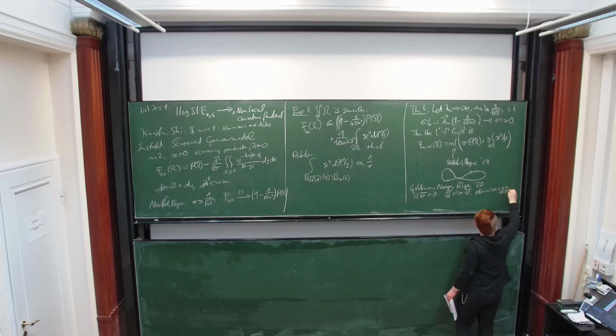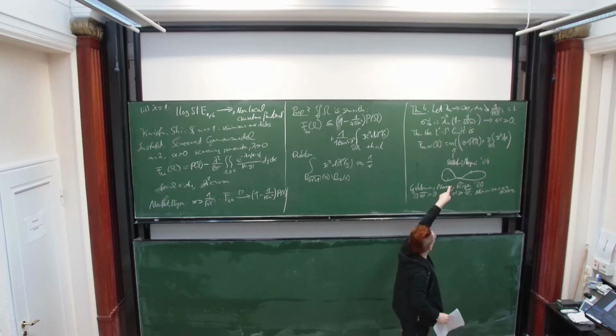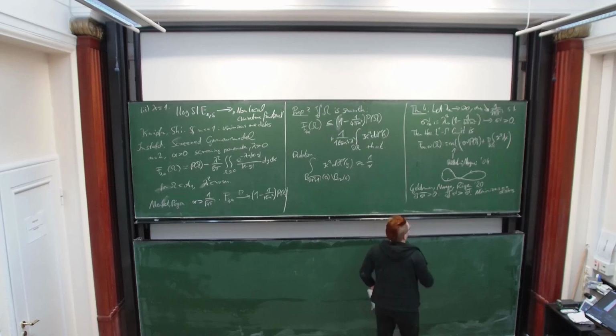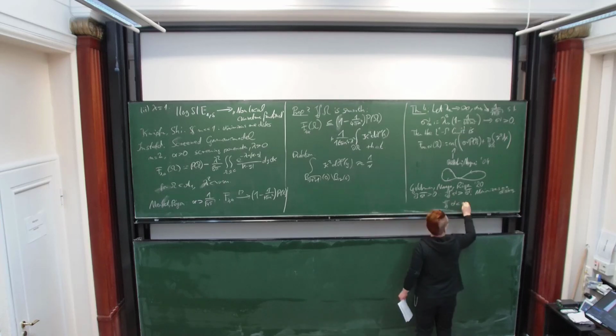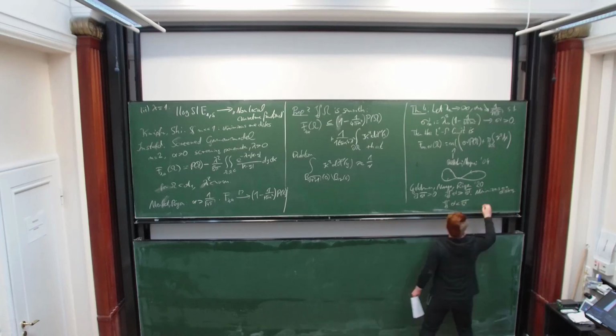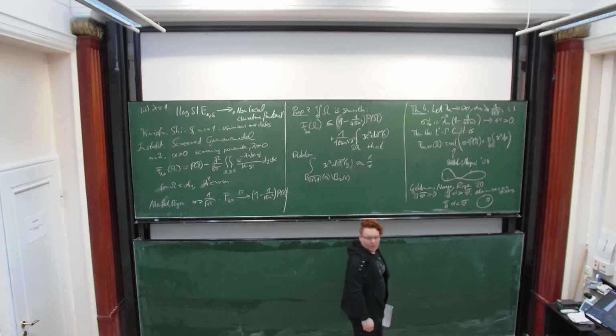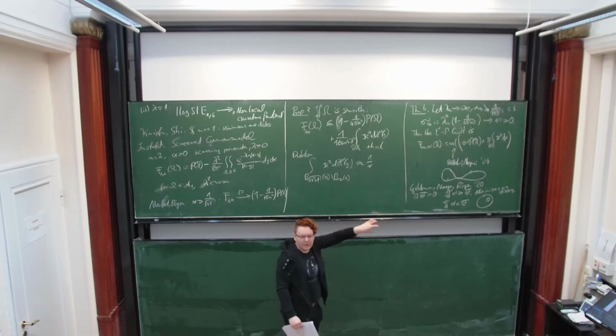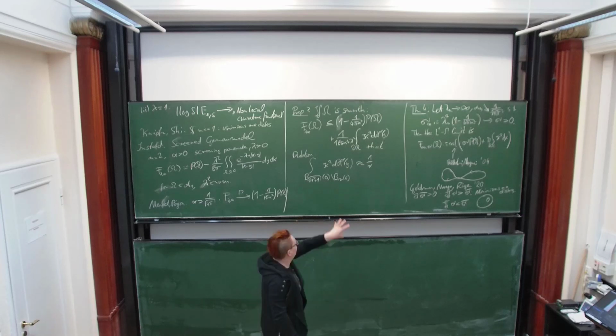So if you pay enough perimeter, you get disks, and if you don't pay enough perimeter, you don't get disks. You get annuli, so you get a big ball, and then you cut out a small ball. And it doesn't actually matter where you cut out the small ball because the limit is local, so you can shift that around as you wish.